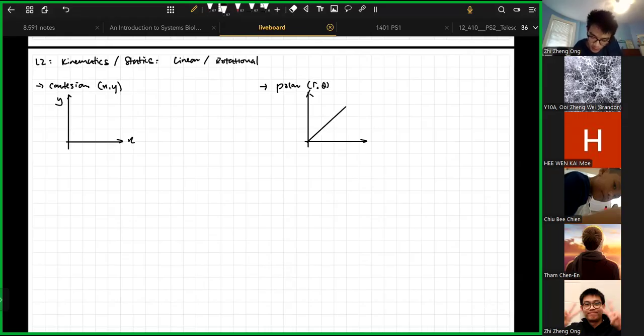Suppose you have some random vector; there are x and y components. But for r, theta, you just have to specify where you measure theta from. This line can be anywhere. It doesn't have to be on the x-axis. It's just by convention that it is.